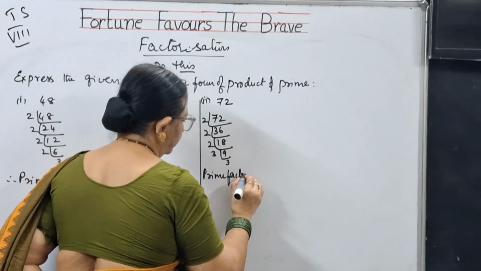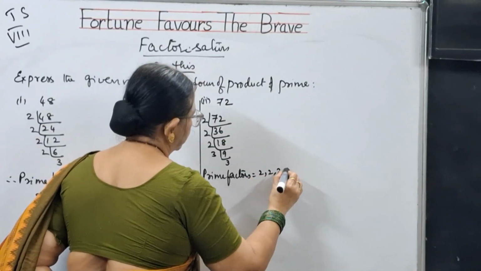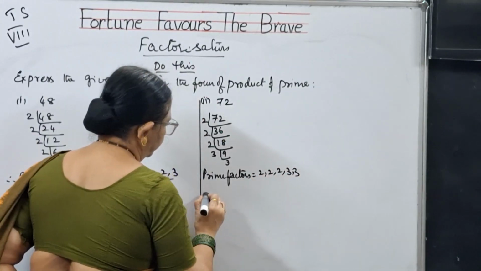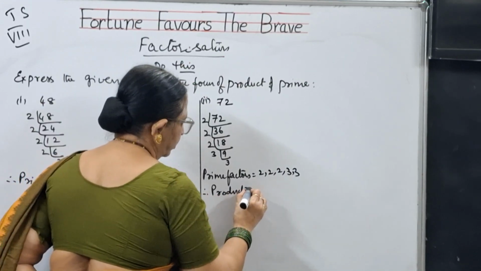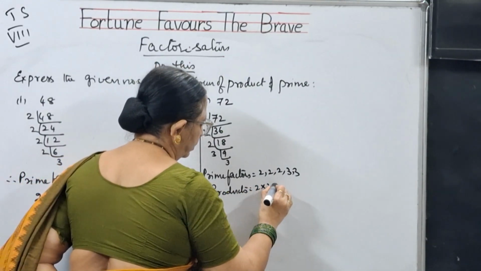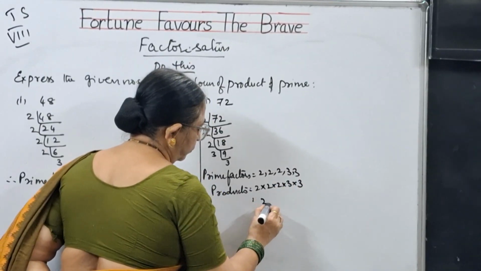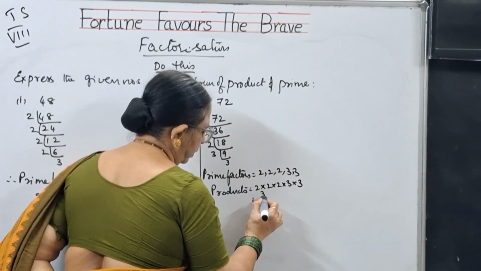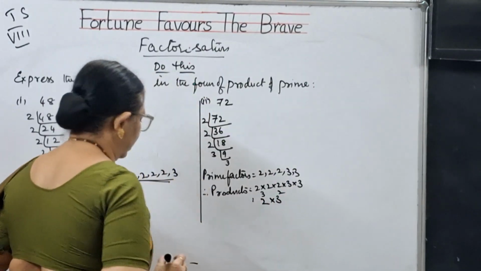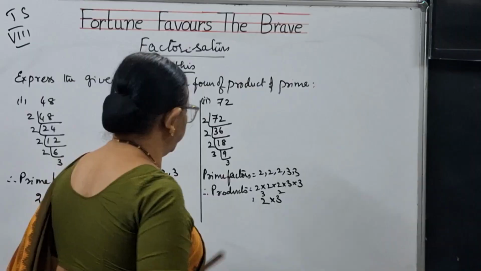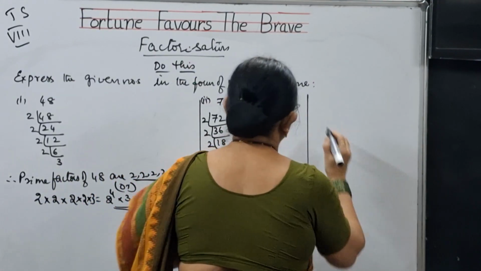What are the prime factors? 2, 2, 2, 3, 3. Therefore, how will you write the prime product? As 2 into 2 into 2 into 3 into 3. That means 2 to the power of 3 into 3 to the power of 2. This is the answer for the second bit, children. Now let us go to the third bit.